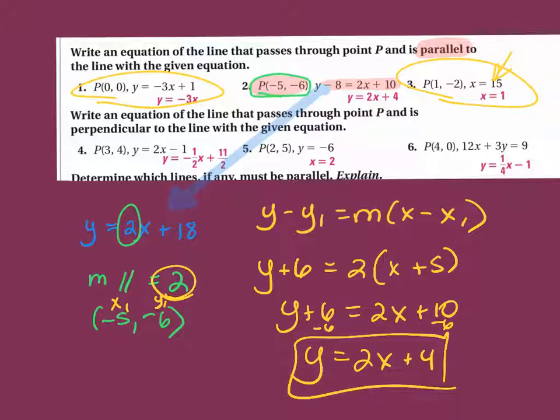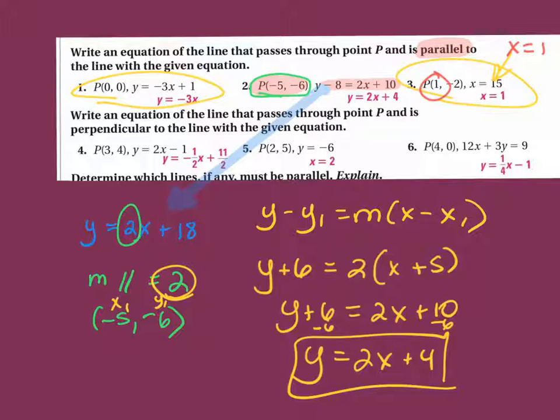And if it's a vertical line, it has what slope? Undefined. So I can't plug that in, but what I do grab is x equals, and I grab the x, which is 15. There is no work that can be done to find that. You have to know that. There's no plugging in of the word undefined and then solving for it. You have to know the vertical line is undefined and it's an x equals. And then you have to know a horizontal line has slope of 0 and it's a y equals.